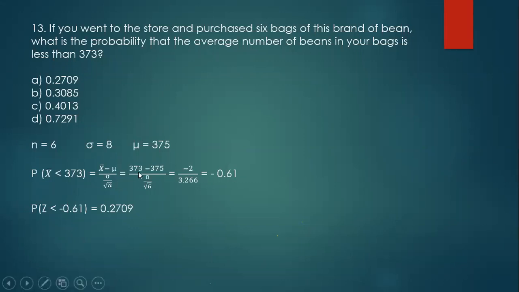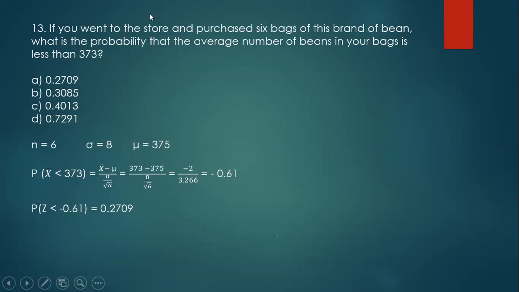So it's equal to 373 minus 375 divided by 8, which is our standard deviation, divided by the square root of 6, which is equal to negative 2 divided by 3.266, which is equal to negative 0.61.